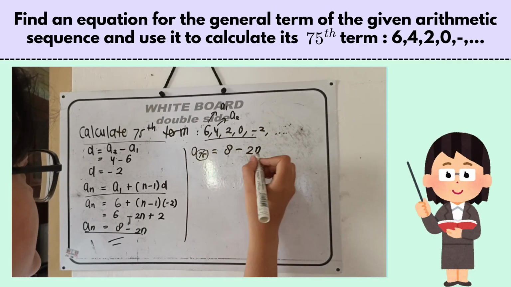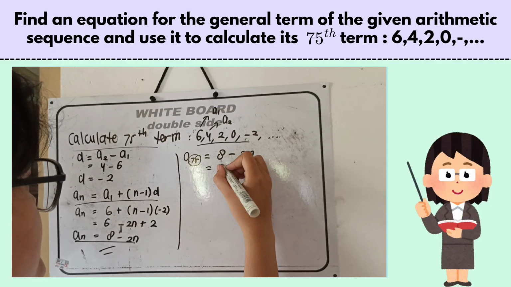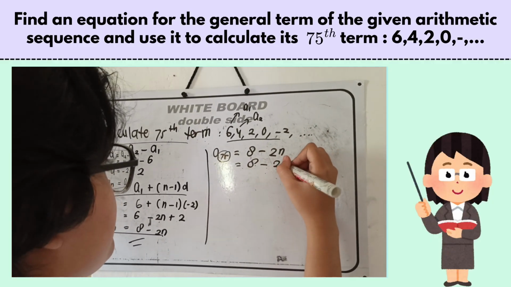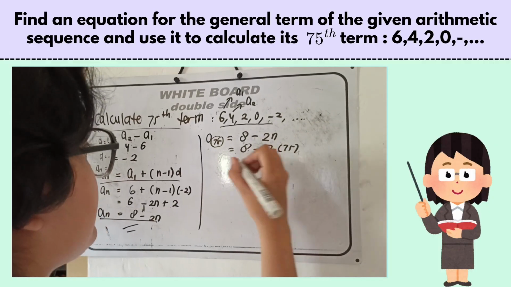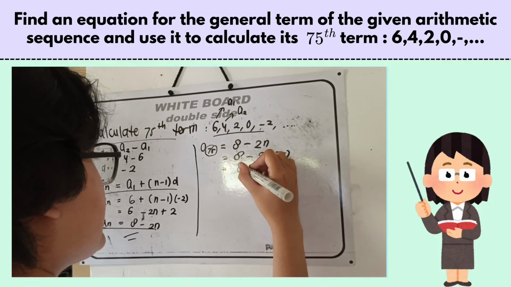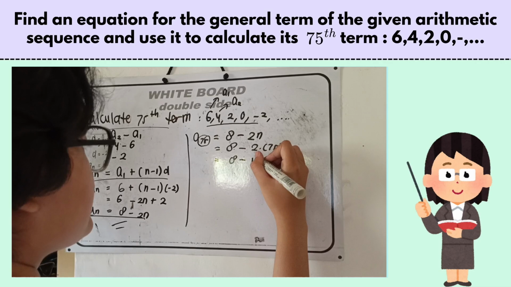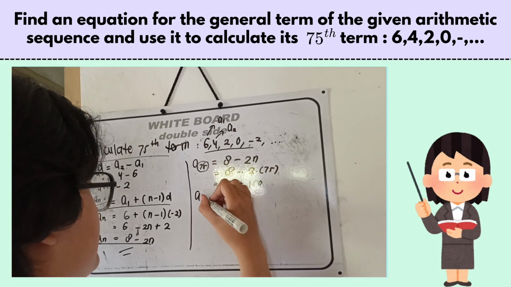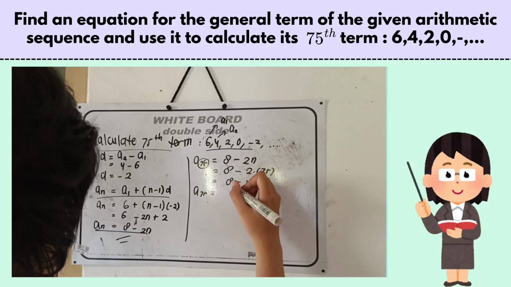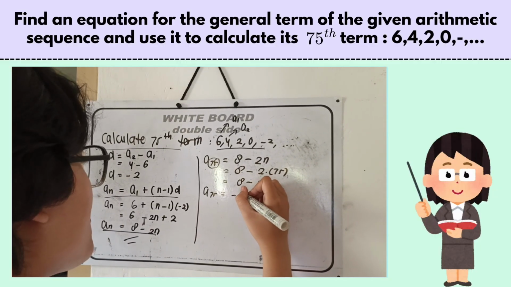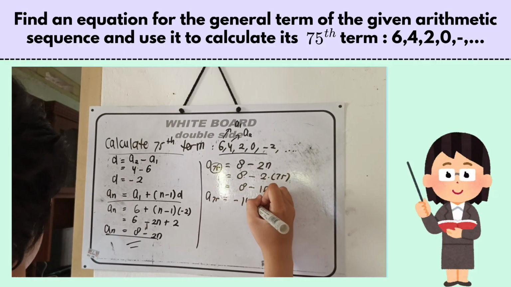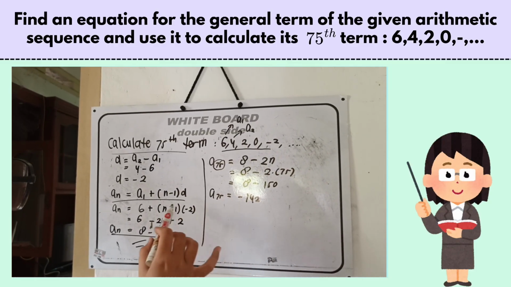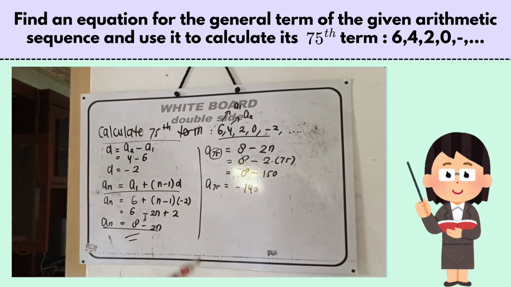Look, n is 75, so we get negative 2 multiplied by 75. 8 minus 150, and a sub 75 is equal to negative 142. Okay guys, so we have solved this problem.